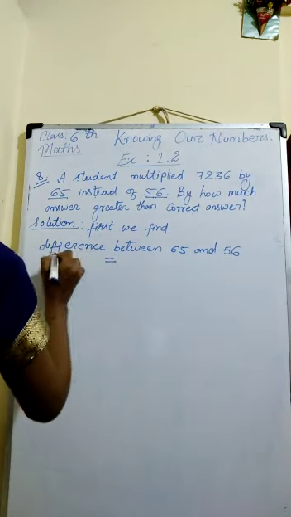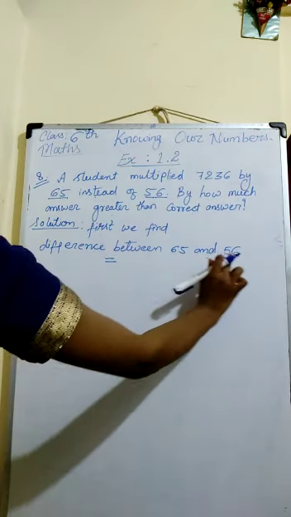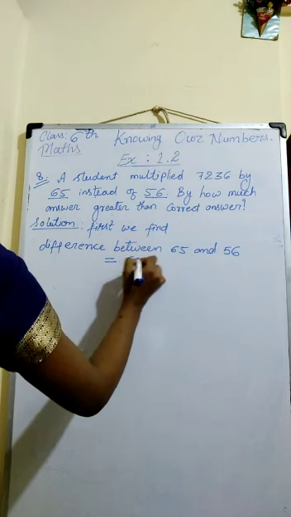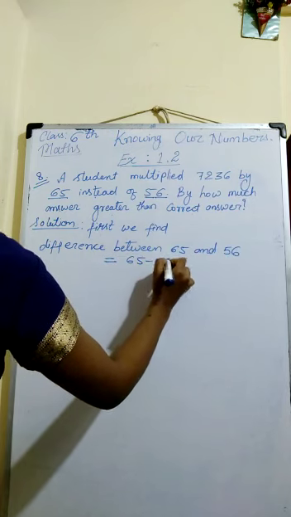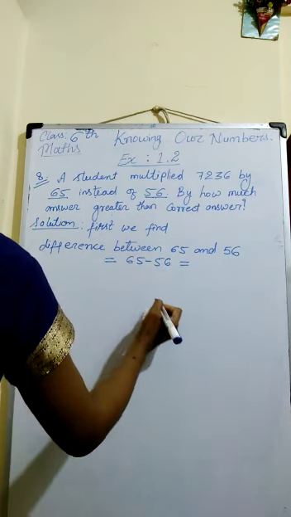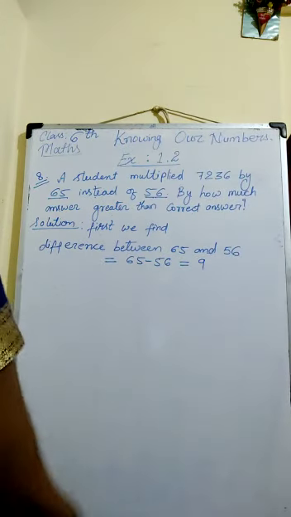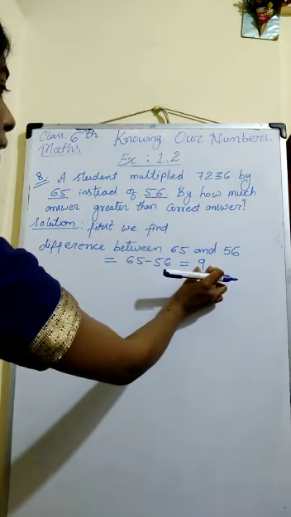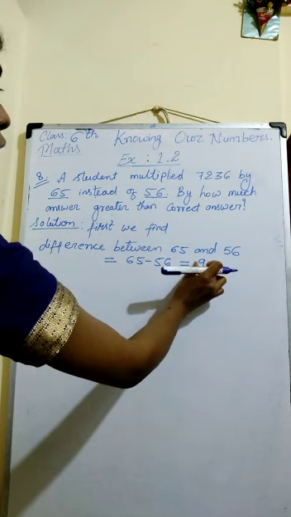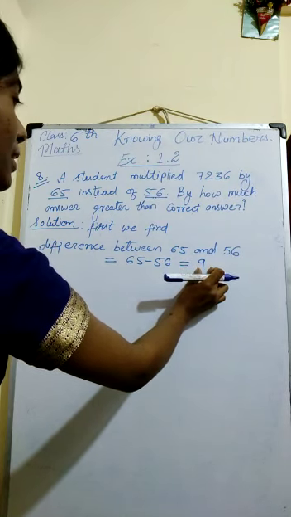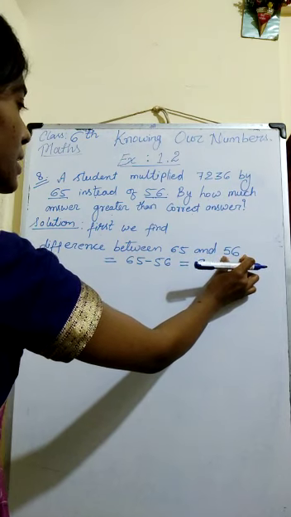You know the meaning of difference? Subtraction of these two numbers. That means 65 minus 56, which is equal to 9. This much difference we are getting, or this much number is greater than 56.